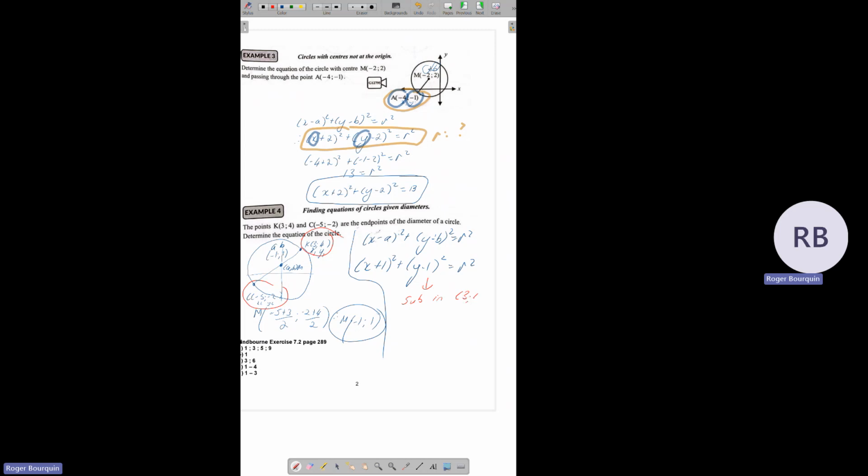So if I sub in 3, 4, I'm going to get 3 plus 1 squared plus y, which is 4, minus 1 squared is equal to r squared. So 4 squared is 16, so I get 25 is equal to r squared.